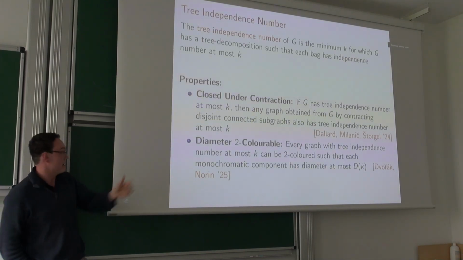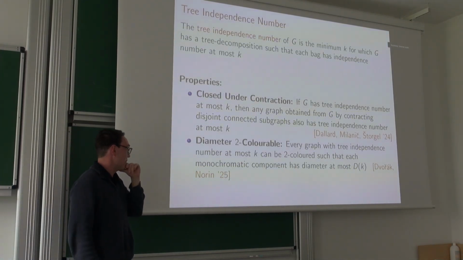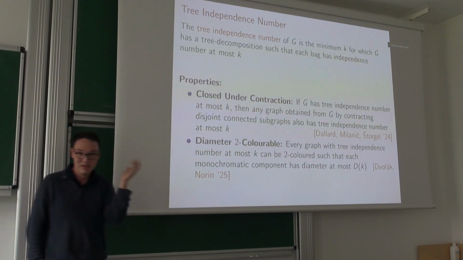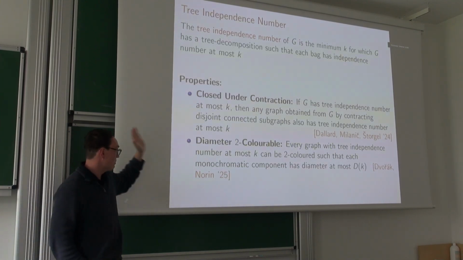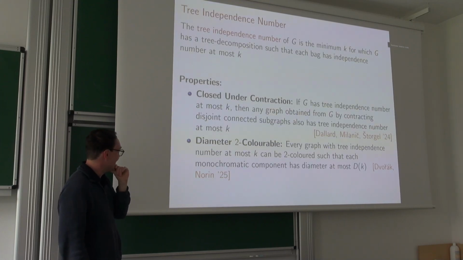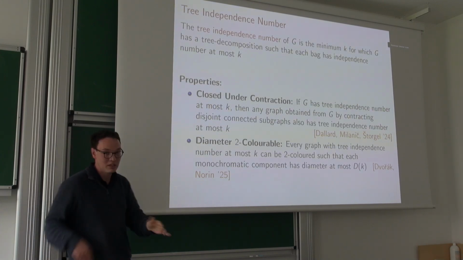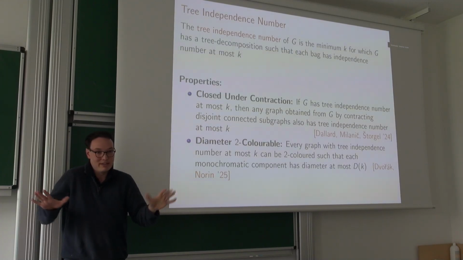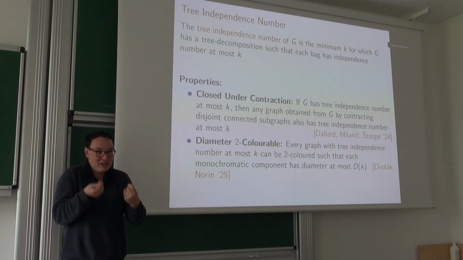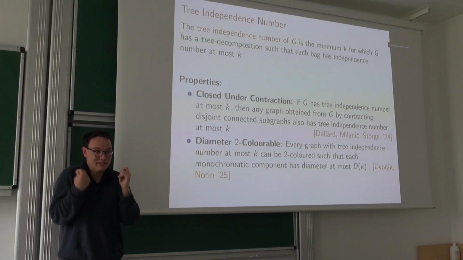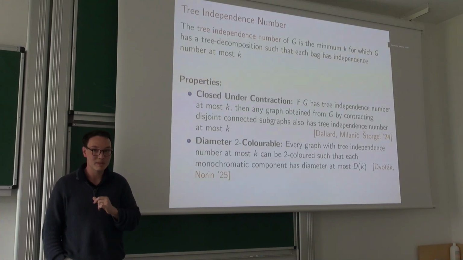The proof for this is quite easy to show. But what is more interesting and less known is that if a graph has tree independence number at most k, you can then two-color the graph such that each monochromatic component has diameter at most some function of k.